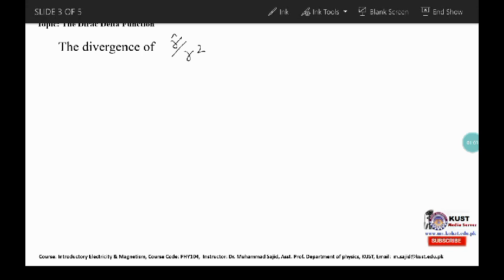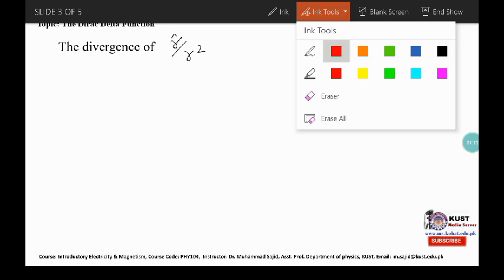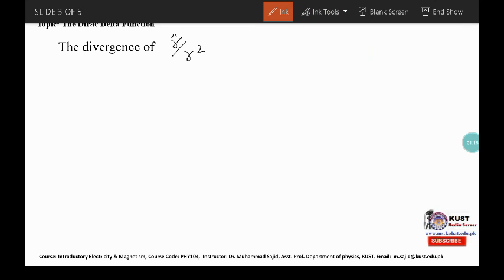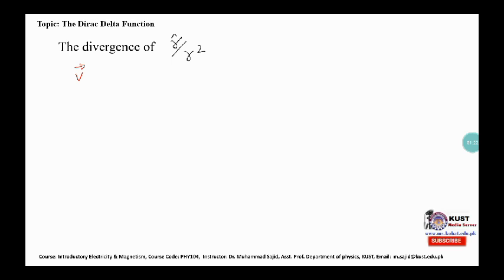So I will start with the divergence of r over r square. We have a function which is r unit vector divided by r square, and we are interested to find its divergence.